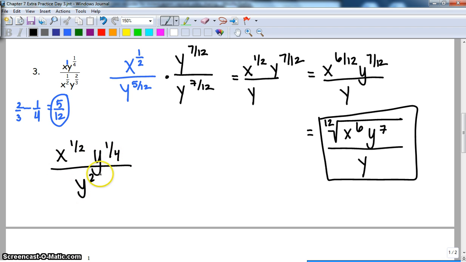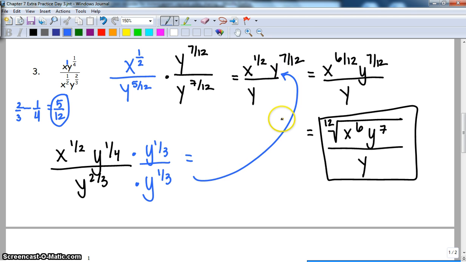Okay, so what some people are going to do after they subtract their exponents for their x is say, you know what, I'm just going to rationalize this y to the 2/3 right now. Now, if this one is larger on top, just subtract them. It's going to be a lot easier. But in this case, if you want to times by y to the 1/3, what that'll do is that'll bring you straight to this step here.